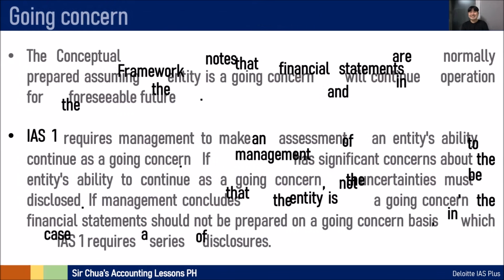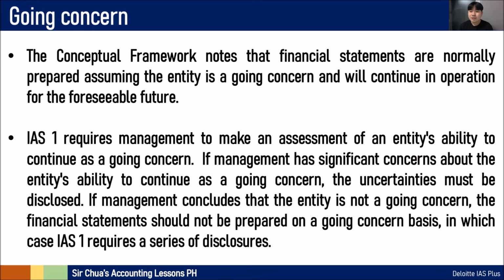Okay? That's it. Now, you already know the concept of going concern, which is that the entity needs to prepare its financial statements as if the entity will last forever, that they will continue in operation for the foreseeable future. The IAS also requires management to make an assessment of the entity's ability to continue as a going concern.